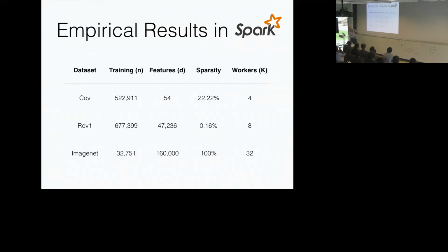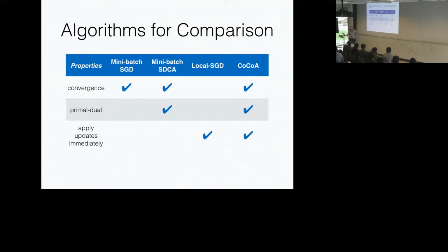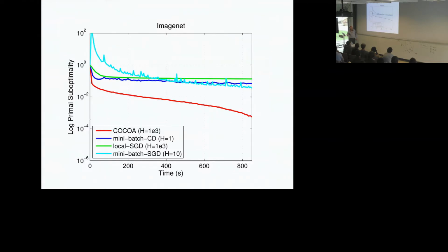And then we've done this with 4, 8, and 32 workers in these particular examples, and compared this to mini-batch SGD, mini-batch DCA, local SGD, and COCOA, and the features of the different algorithms are given here. We have a primal-dual framework. We have guaranteed convergence that inherits the local one. We're able to do updates immediately instead of waiting to synchronize, and then we can average, right?